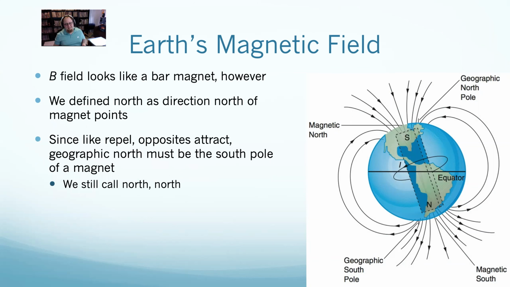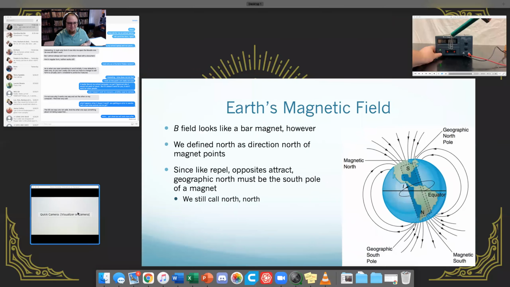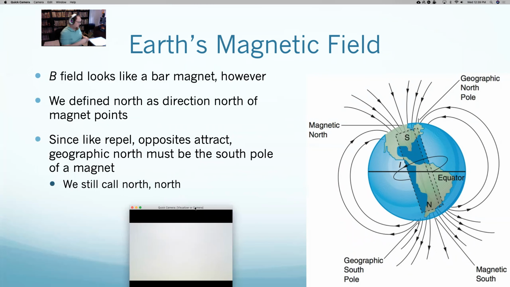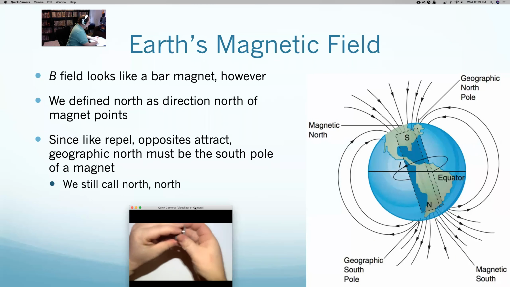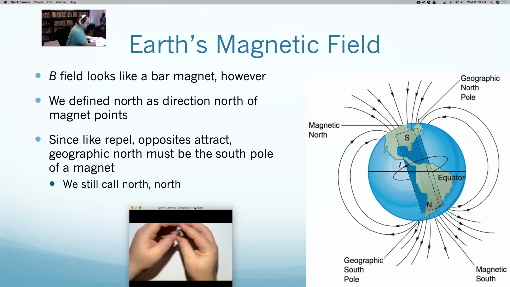But here's the thing. We defined north as the direction the north point of a magnet points. But the north point of a magnet will point to south. North repels north, right? North repels north. North attracts south. Well, north is the one with these little pieces of clay hooked up.